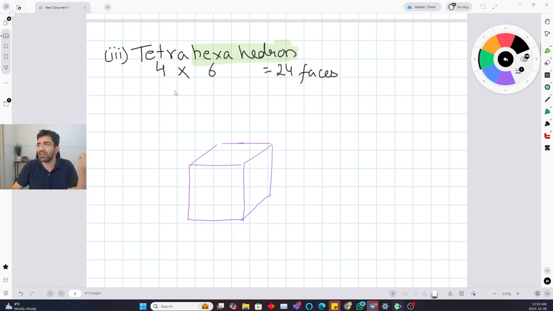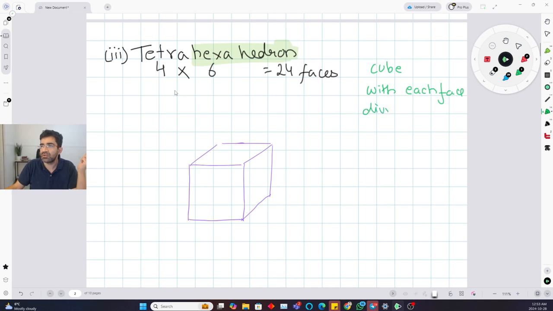So what this becomes over here now is a cube with each face divided into 4. What you have to do is, for example, you have a face here.